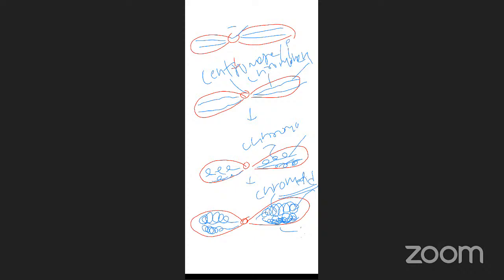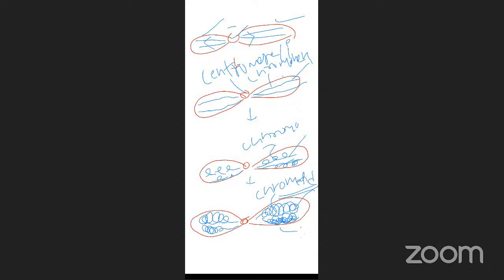It is a darkly staining heterochromatic part. I will tell you what heterochromatin and euchromatin are. It is located between the two arms of the chromosome; this is one arm and this is the other arm. On either side of the centromere, highly repeated DNA is present, which stains darkly.